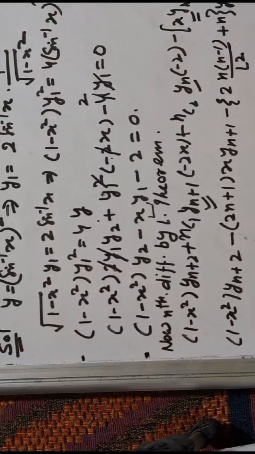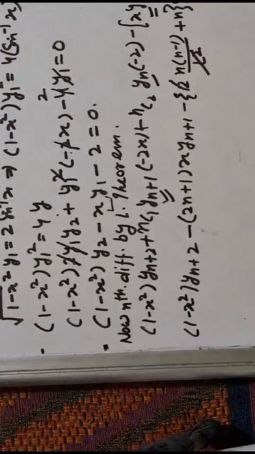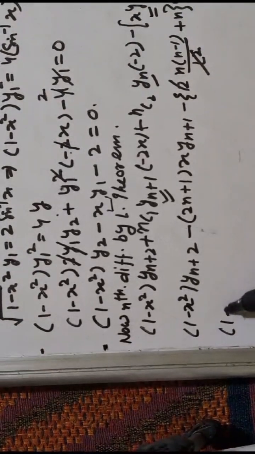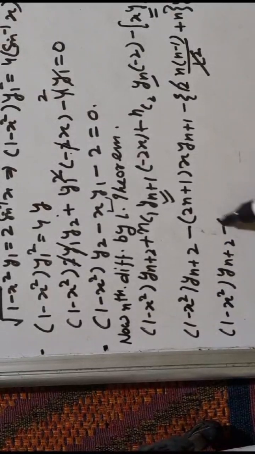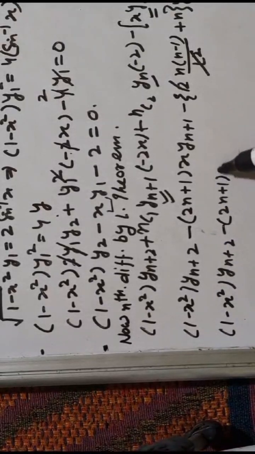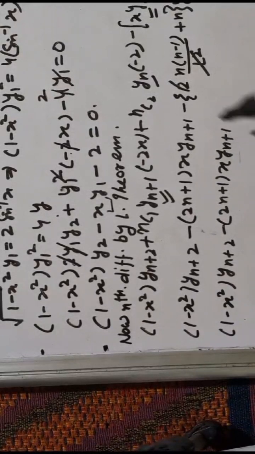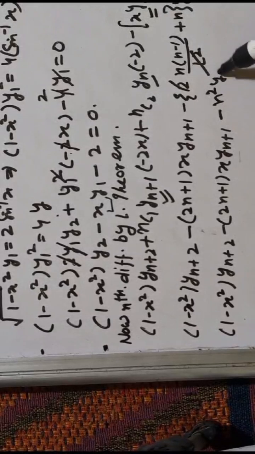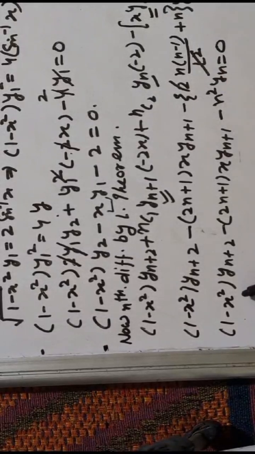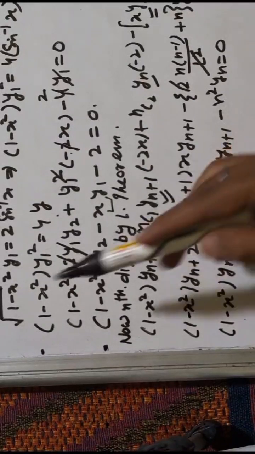These are the coefficient of yn is equal to 0. Finally we have the expression 1 minus x square yn plus 2 minus 2n plus 1 x yn plus 1 and minus n square yn. This being the final expression of nth differentiation of sine inverse x square.